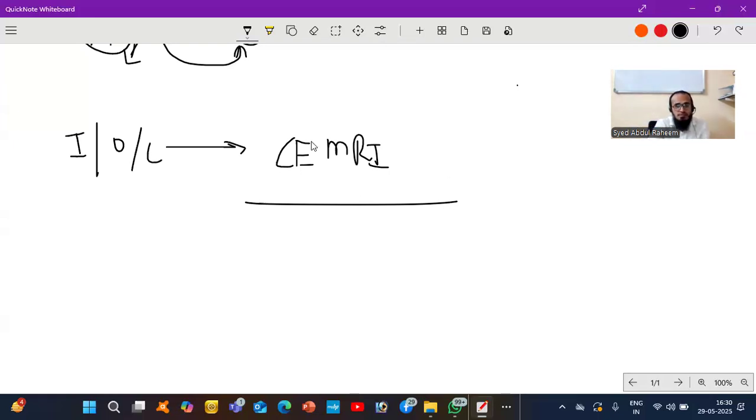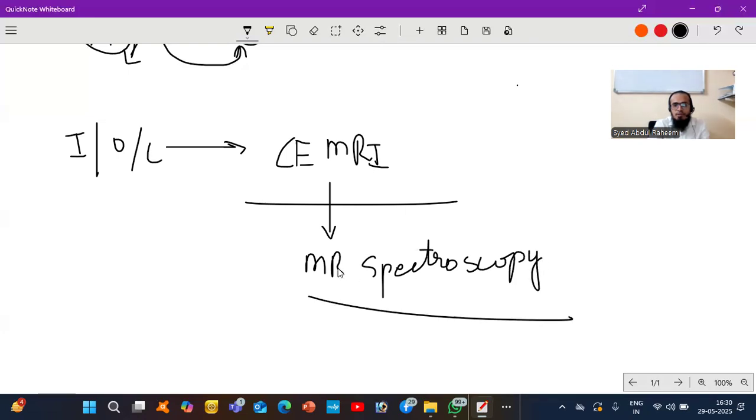But sometimes we have another type of MRI, which we need sometimes, that is MR spectroscopy. This is another type of scan.